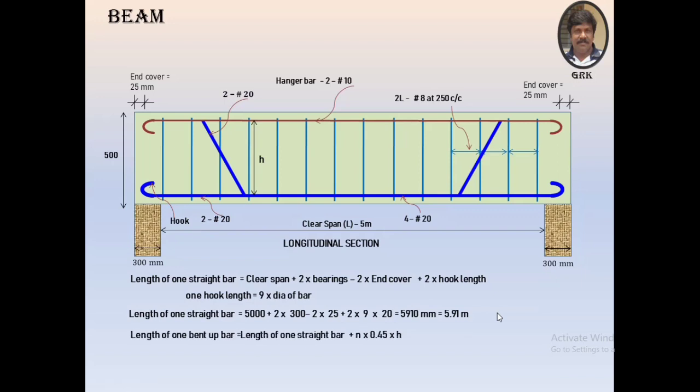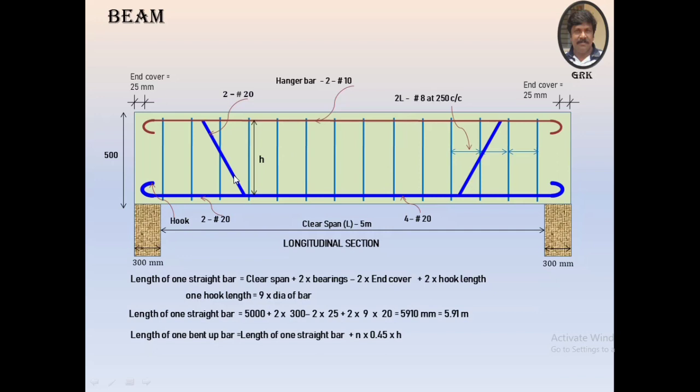Similarly, we'll calculate the length of one bent up bar. So the bar will come like this. I have to take this additional crank length, which is equal to n times 0.45 h. N indicates whether the cranking is done on one side or two sides.